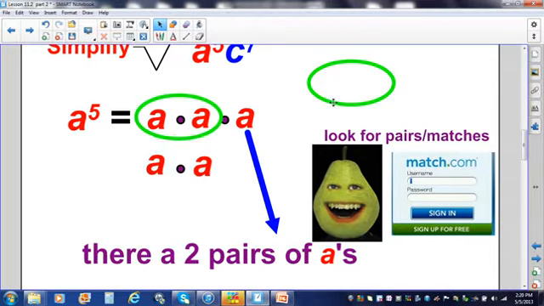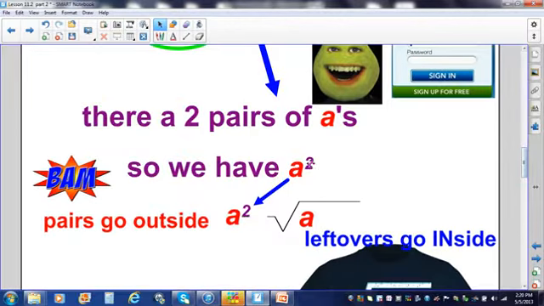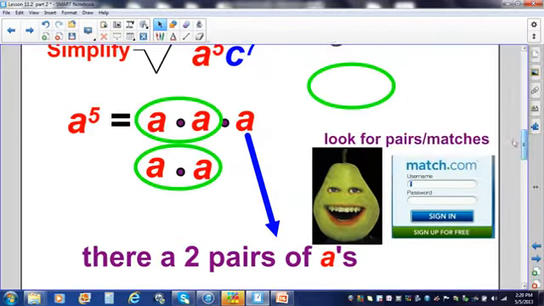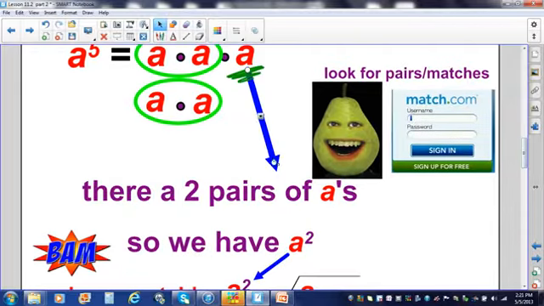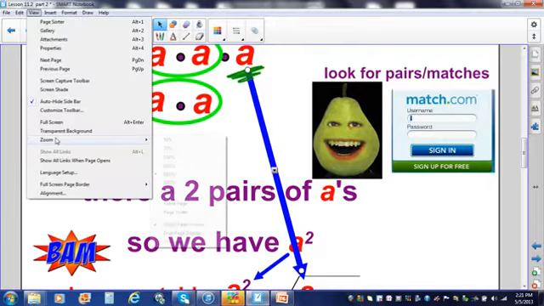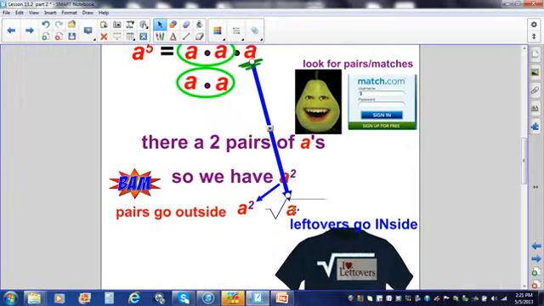I see a pair and a pair, so I have 2 pairs of a. So I have a to the 2nd power, and we have a leftover. This is a leftover, so our leftover here is going to go on the inside. Leftovers go on the inside. I love leftovers.